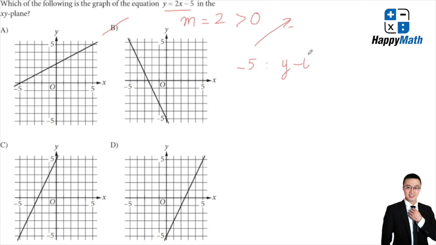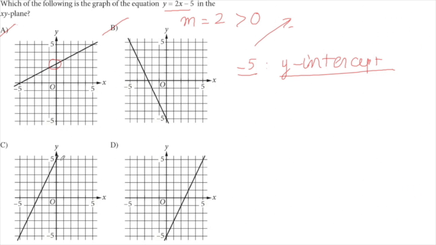Here is the y-intercept. The y-intercept means the line will pass through the y-axis at the point minus 5. The point here is not minus 5, so A we can cancel. C here is 5, okay, it's not minus 5, so only C is my answer, increasing and passing through the minus 5 y-intercept.